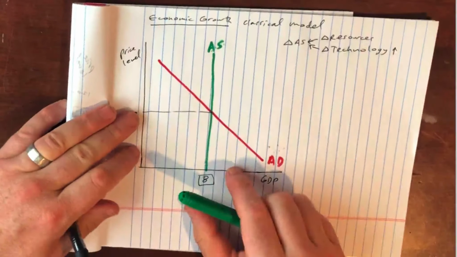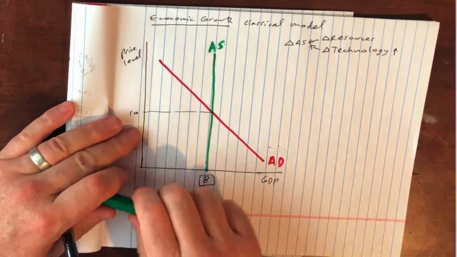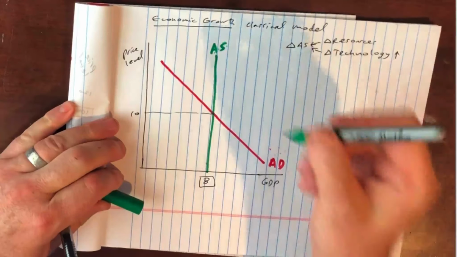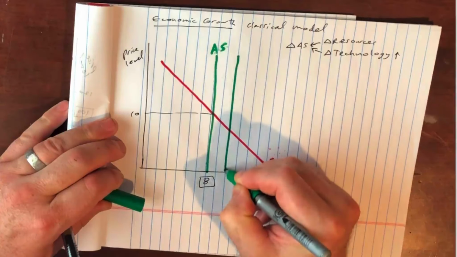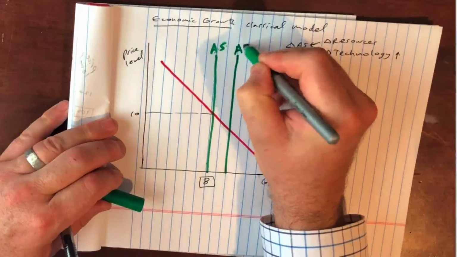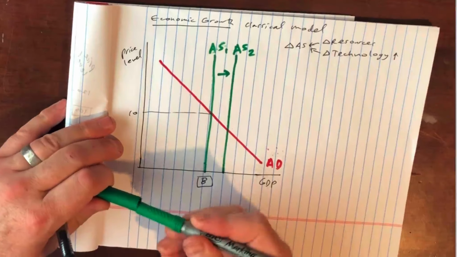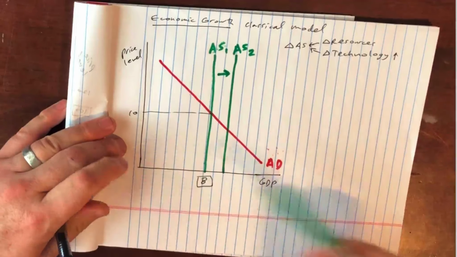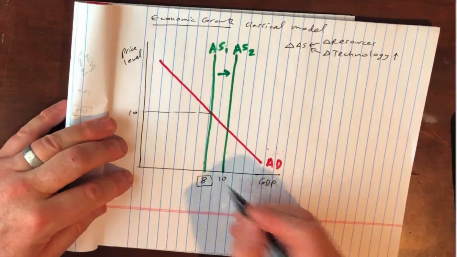What that means is the society can now produce more given its resources than it could before. So this is going to push the aggregate supply curve to the right. We'll get AS1 to AS2. It produces a new potential level. The potential level used to be 8, now it's, let's say, 10.